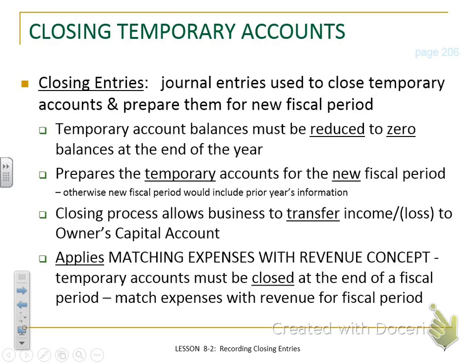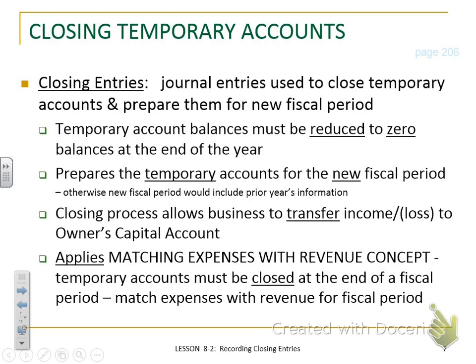Of course not. So the closing process allows the balances of the business's accounts to be transferred either into income or loss and then transferred into the owner's capital account. And then this applies that matching of revenues and expenses, because we're going to isolate those temporary accounts to just that fiscal period that you're dealing with.